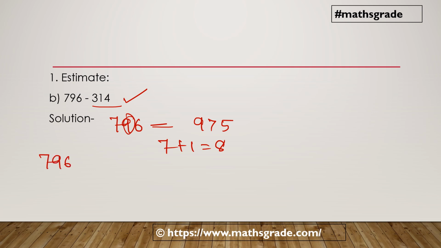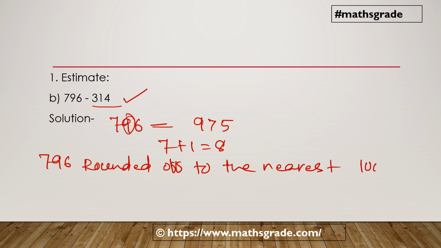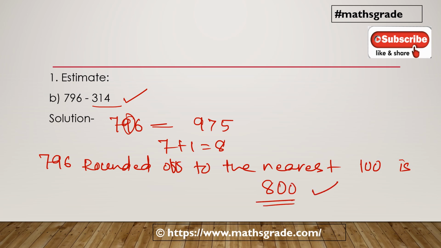So 796 rounded off to the nearest hundred will be 800. The 7 becomes 8, and the tens place and unit place digits, 9 and 6, change to 0. So 796 rounded off to the nearest hundred is 800.